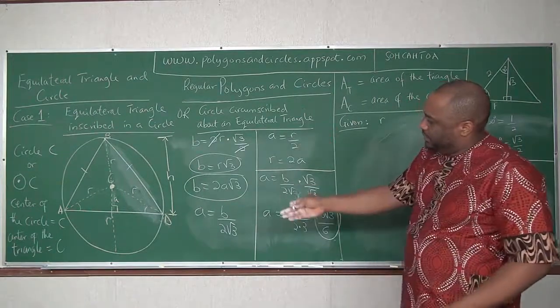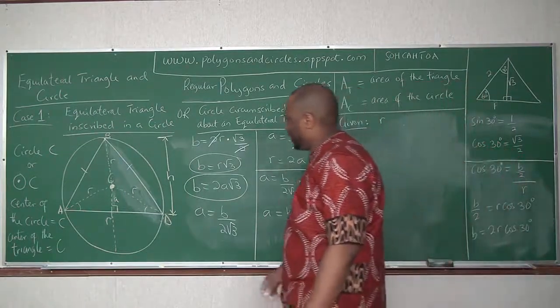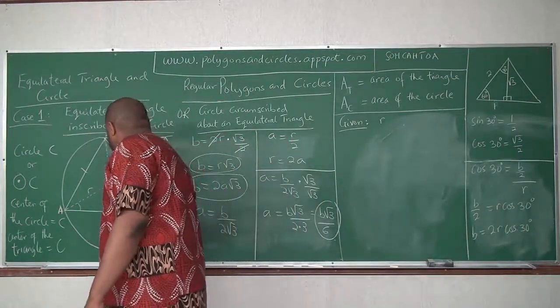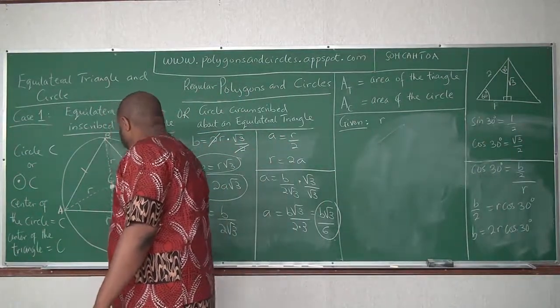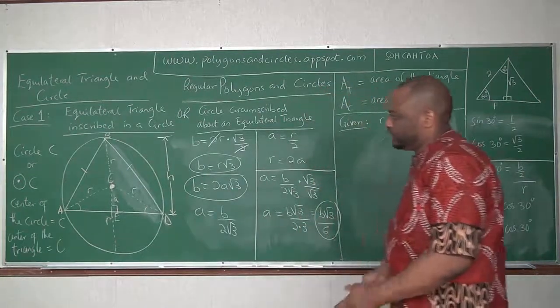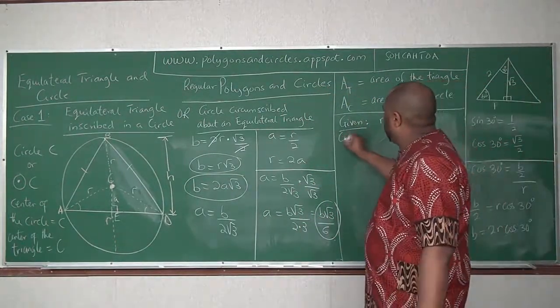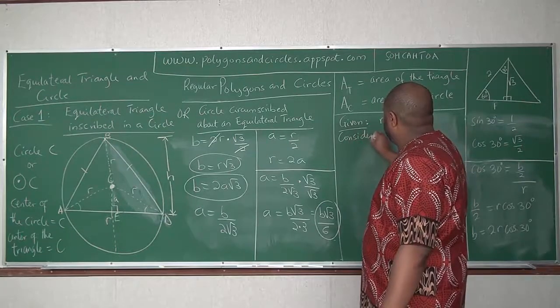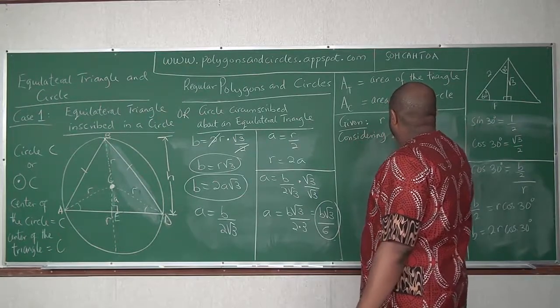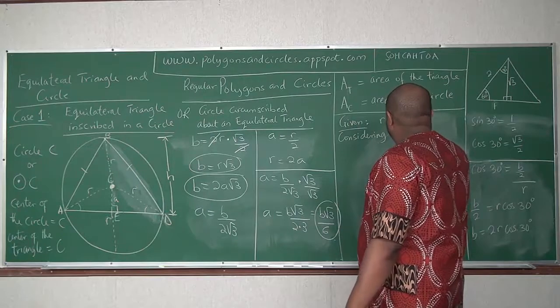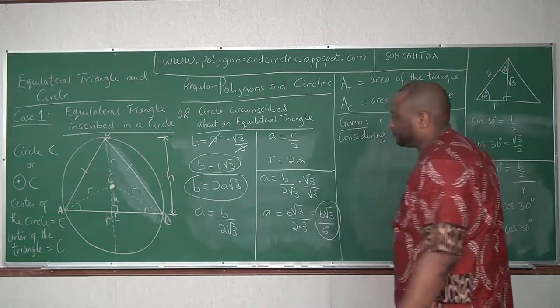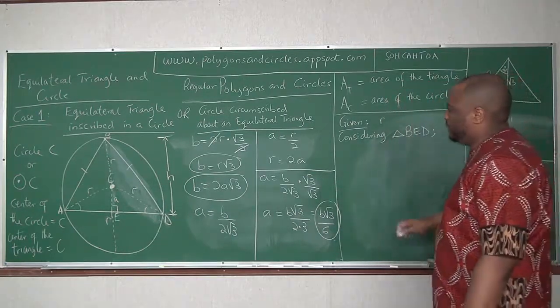If I call this point E, we can just consider triangle BED. So this is what we have here.